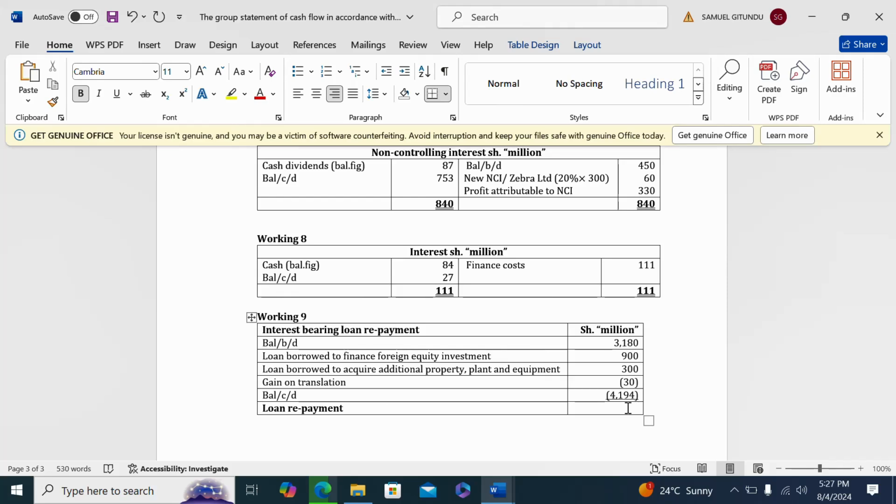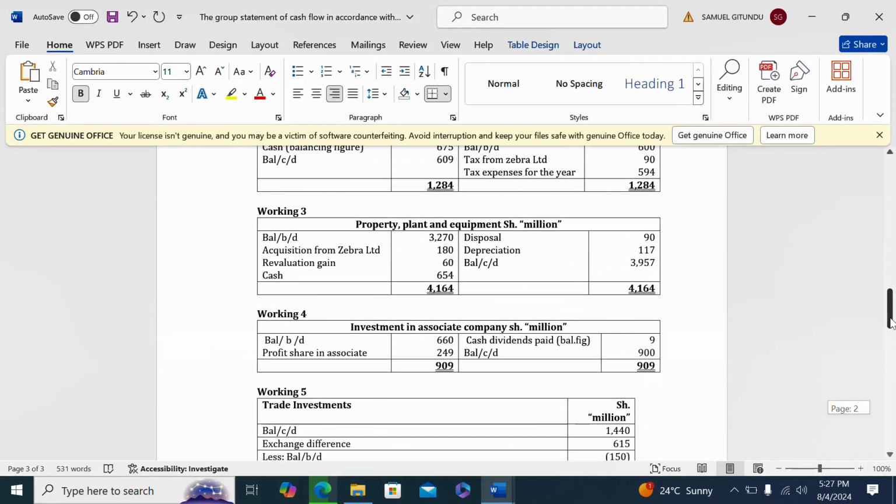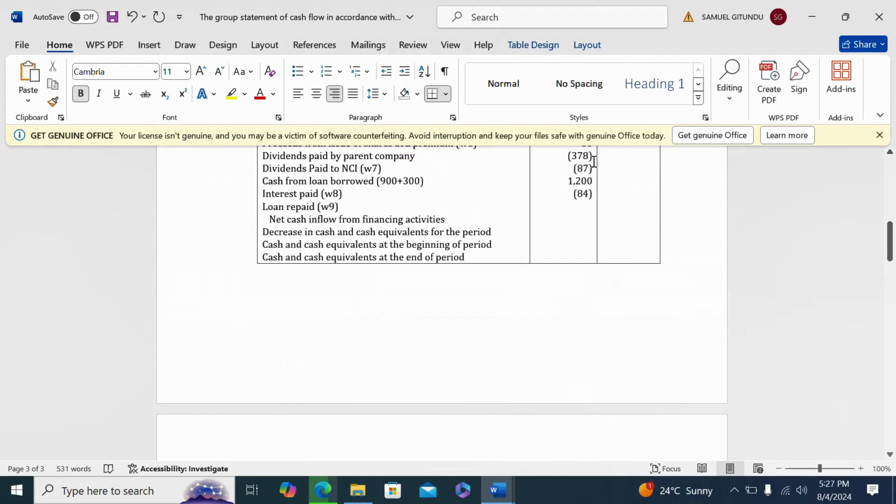So the amount of loan repaid is coming to 156 million. So we go to our statement of cash flow and put 156 million. So that is the loan repaid. So it is a cash outflow.